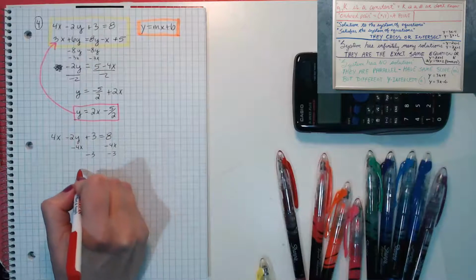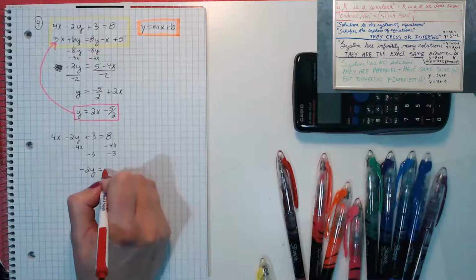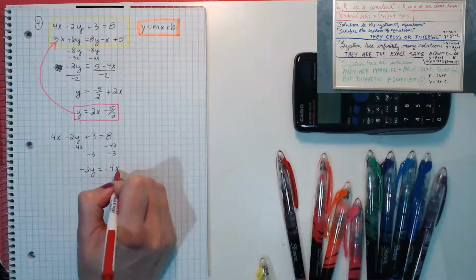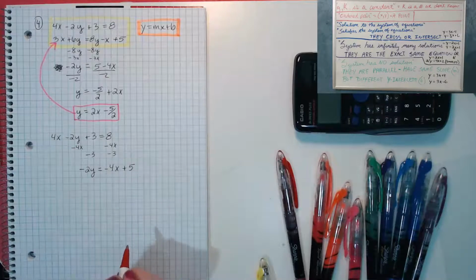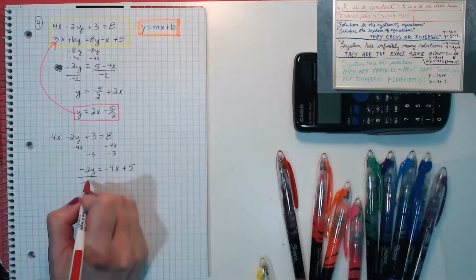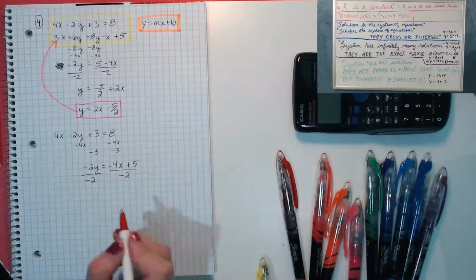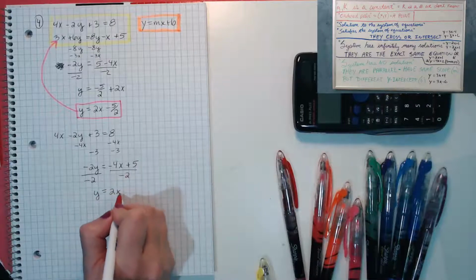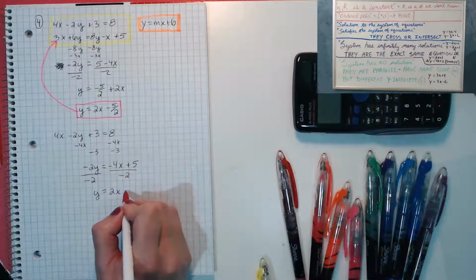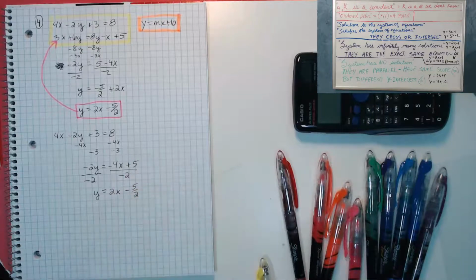And what I'm left with is negative 2y equals negative 4x plus 5. Divide both sides by negative 2. Y equals 2x minus 5 over 2.